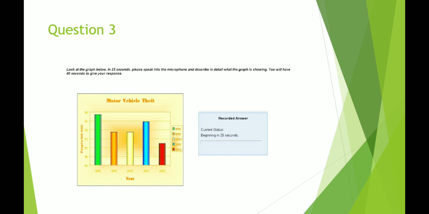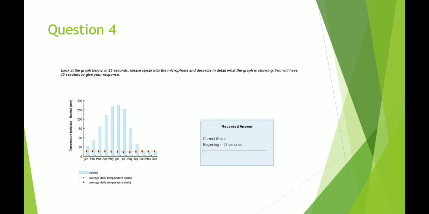Alright, moving to the next question here. Again there's a bar graph. Look at the graph below in 25 seconds. Please speak into the microphone and describe in detail what the graph is showing. You will have 40 seconds to give your answer.